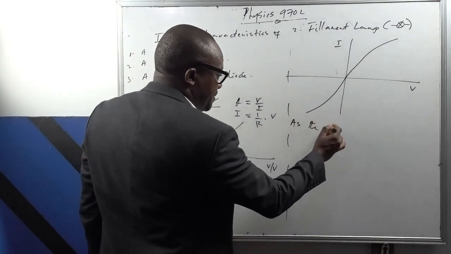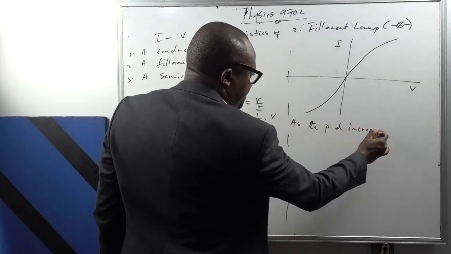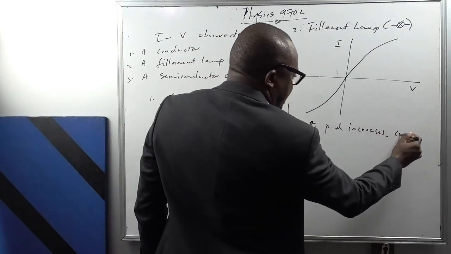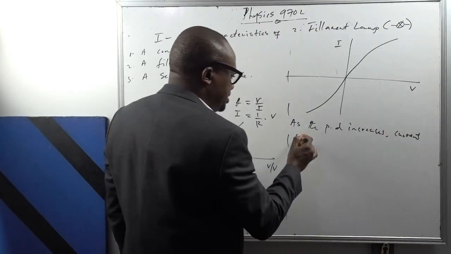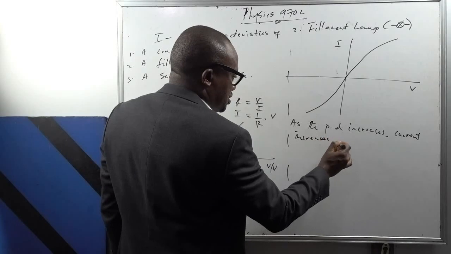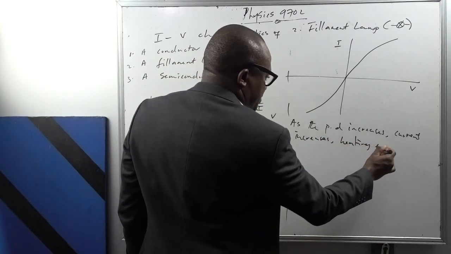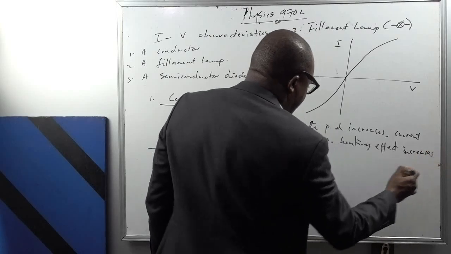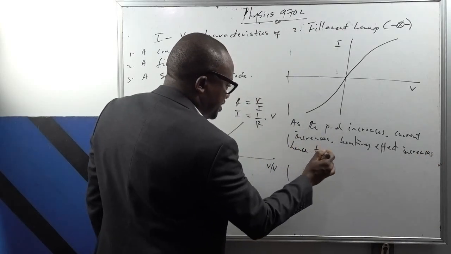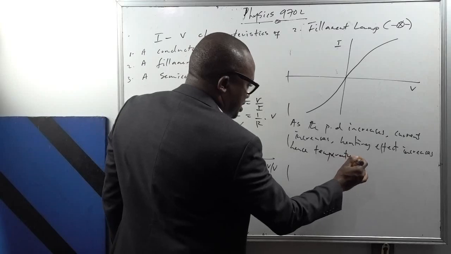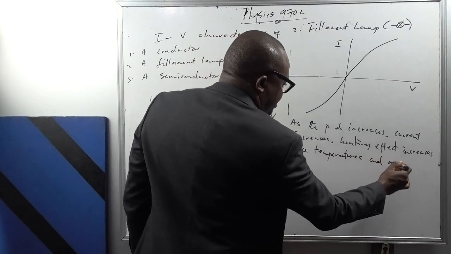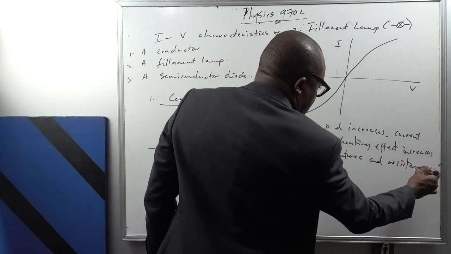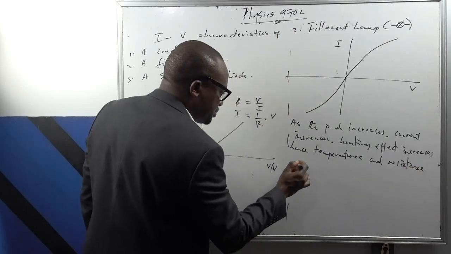So in a filament lamp, you can write: as the PD increases, current increases, heating effect increases, hence temperature increases and resistance increases.